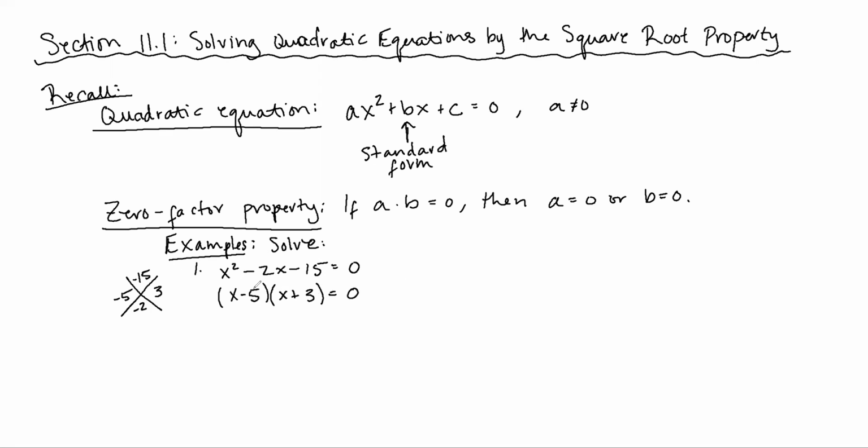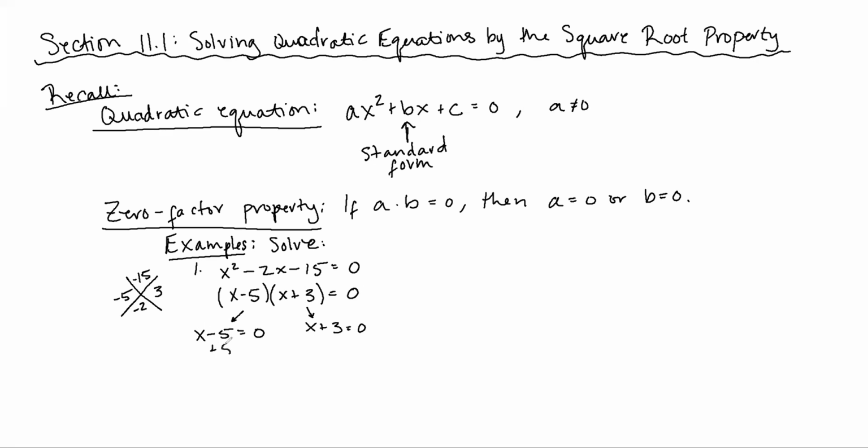And so this is where that zero factor property comes into play, because this is saying we have two things that are being multiplied and equal to 0. Well, in order to end up with 0 when you're multiplying two things together, either the first thing has to equal 0, so x minus 5 equals 0, or x plus 3 has to equal 0.